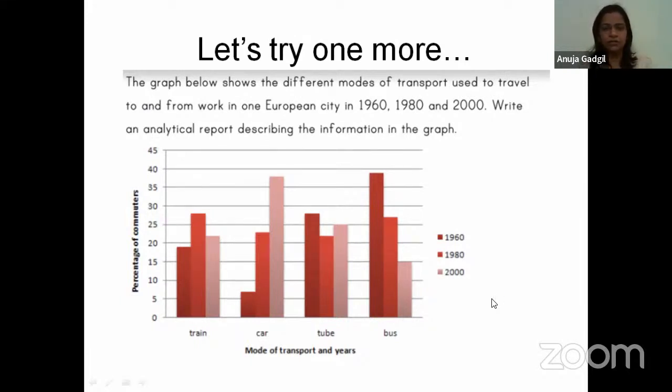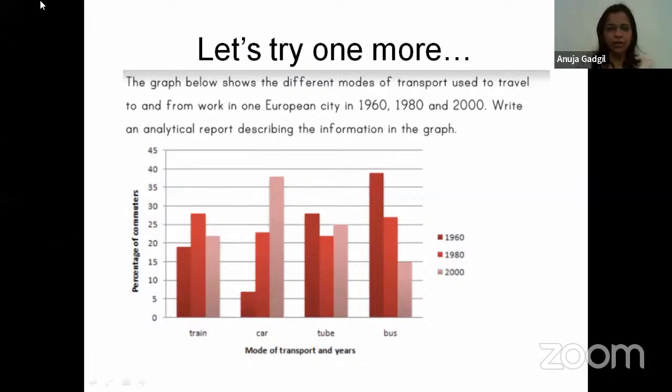Which year is described through light pink color? Light pink color. Which year? 2000. Very good. And tell me which year is shown by dark red color? Darkest red color. Darkest red. 1960. Very good, Ramadevi.